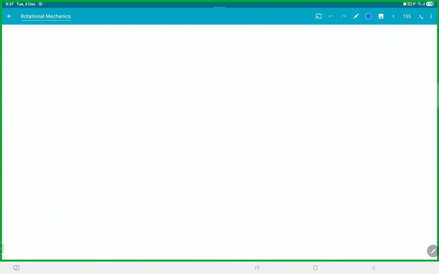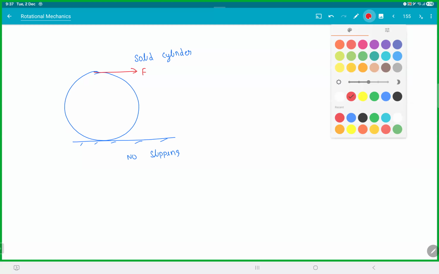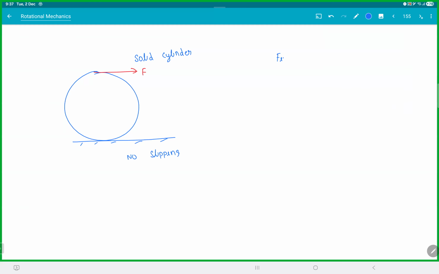Now, if I just ask you one question like that, tell me the answer for this. What if I take a solid cylinder? No slipping. Let's say apply force F here. Find acceleration of center of mass.